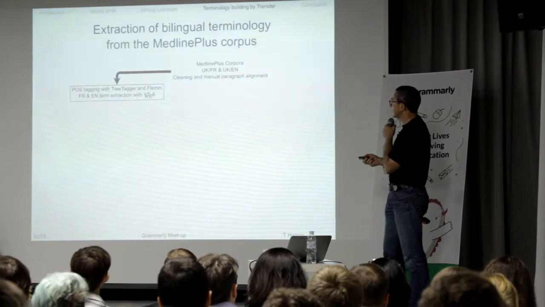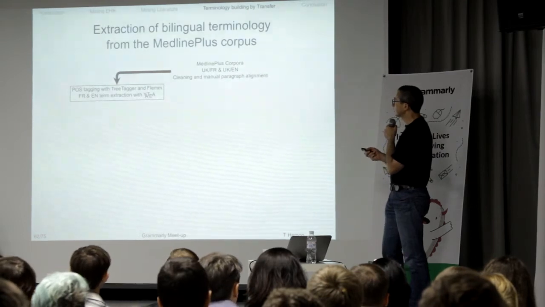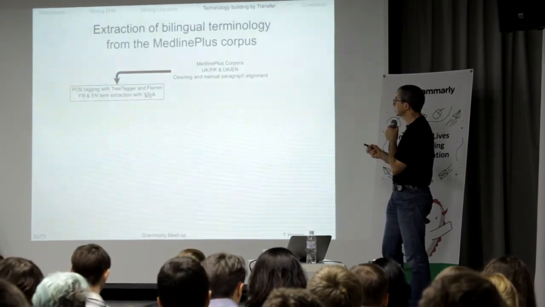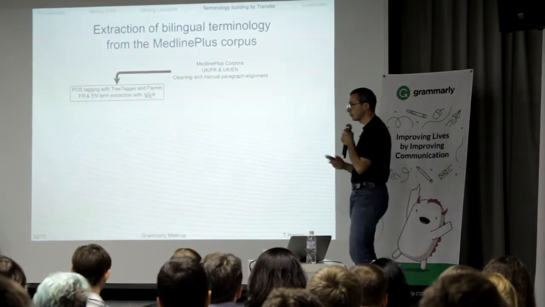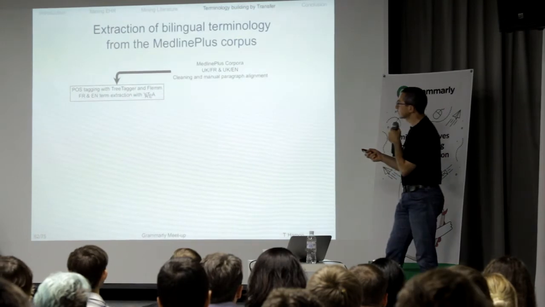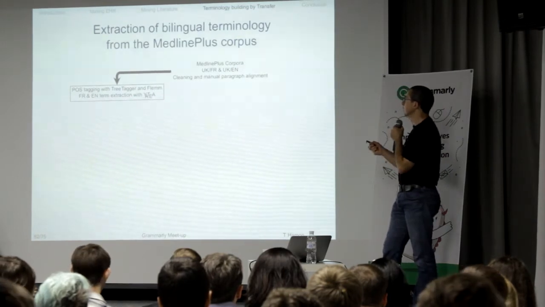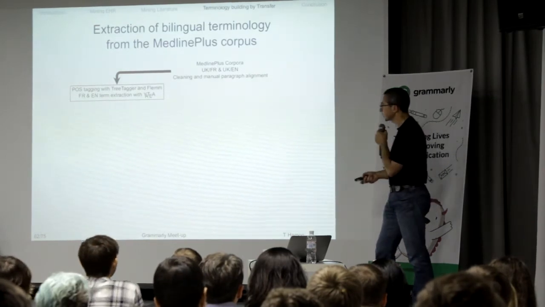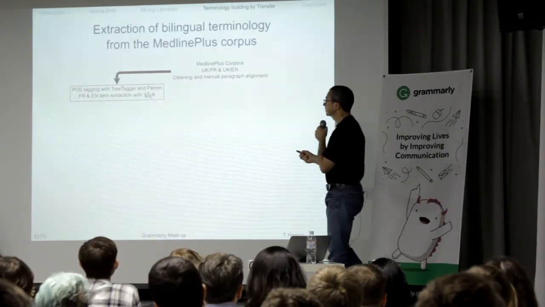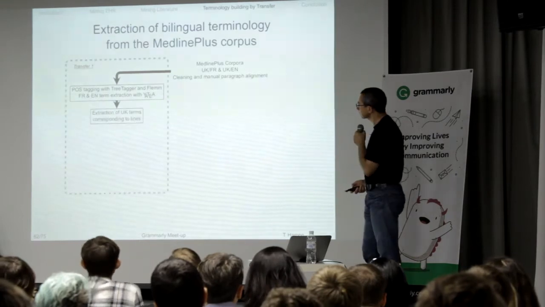We POS-tag the French and the English text with a parser. For English it's TreeTagger, for French it's TreeTagger and Flemm, which is a morphological analyzer for French. And then we extract terms with YaTeA.